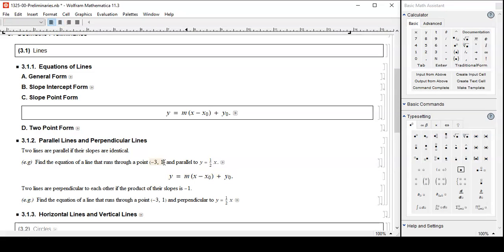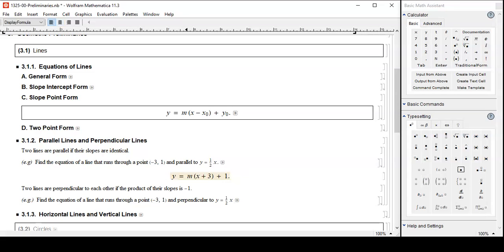Running through negative 3, 1, so minus a negative 3, 1. And of course, nobody writes like this. I don't need this. And more importantly, minus, minus, we actually have plus.